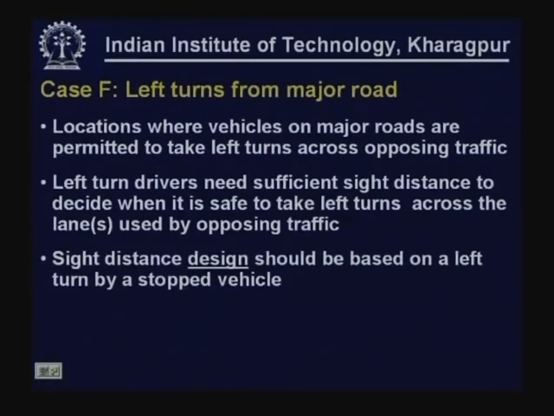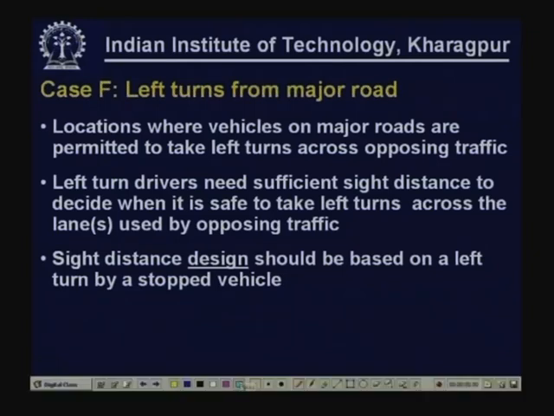Now, case F, that is left turns from the major road. Here we are talking about locations where vehicles on major roads are permitted to take left turns across opposing traffic. Remember that again we are using the US convention of driving.